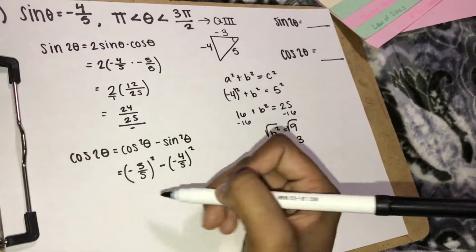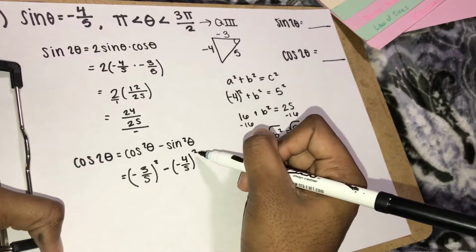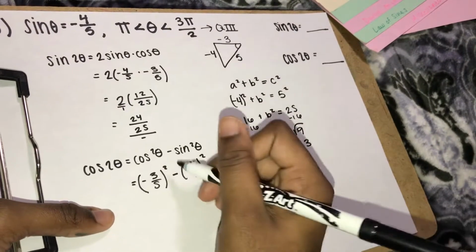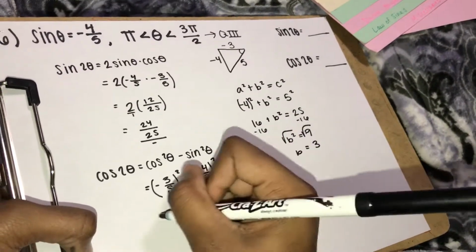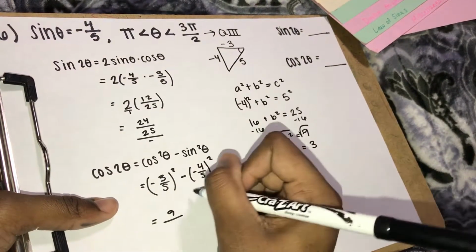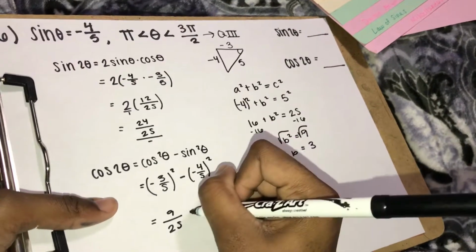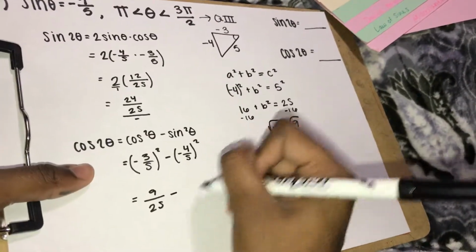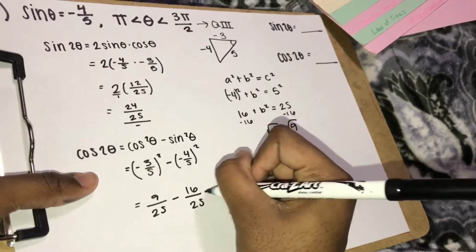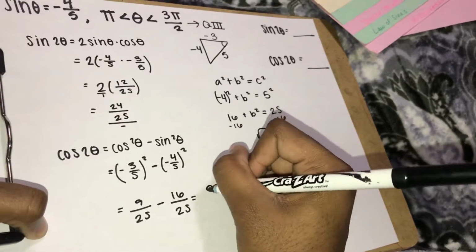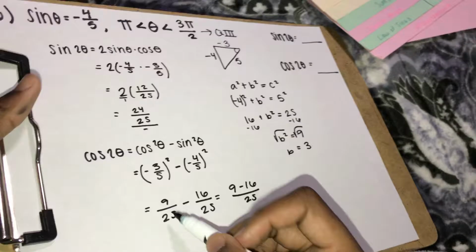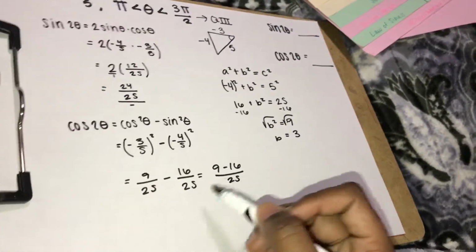And so now you can keep going with your problem. When you square it, make sure that you're squaring the denominator as well as the numerator and taking the negative with it. So that would be negative 3 squared, which is 9, over 5 squared, which is 25. And that's going to be minus negative 4 squared, which is 16 over 5 squared, which is 25. All that together would be 9 minus 16 over 25, and you can do that because both of your fractions have the same denominator.